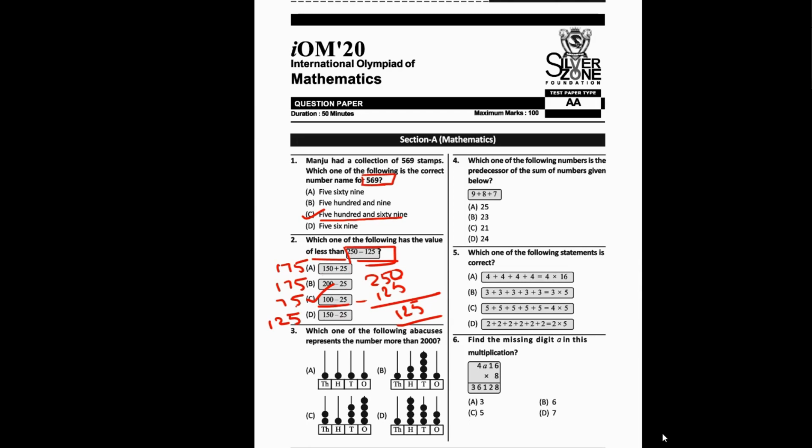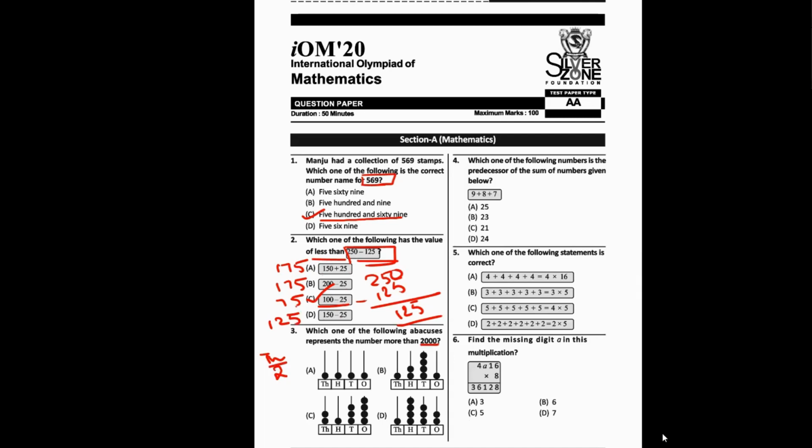Next, number 3. Which one of the following abacus represents a number more than 2000? For being more than 2000, what must be the number in the thousands place? 2. You need 2 beads. In an abacus, in the thousands place, you at least need 2 beads.